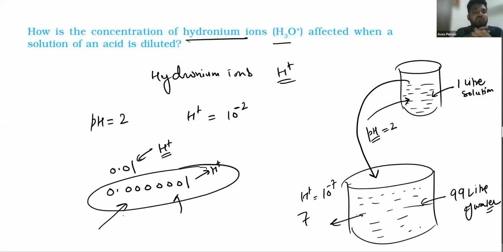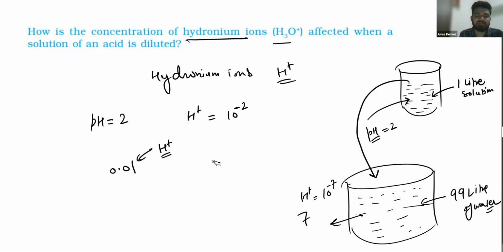No. So if I add the H plus ions of water, it is not going to affect much. The H plus ions of water will have no effect on it, because the H plus ion of this one is very, very less in comparison to the H plus ion of this. This is very much greater.